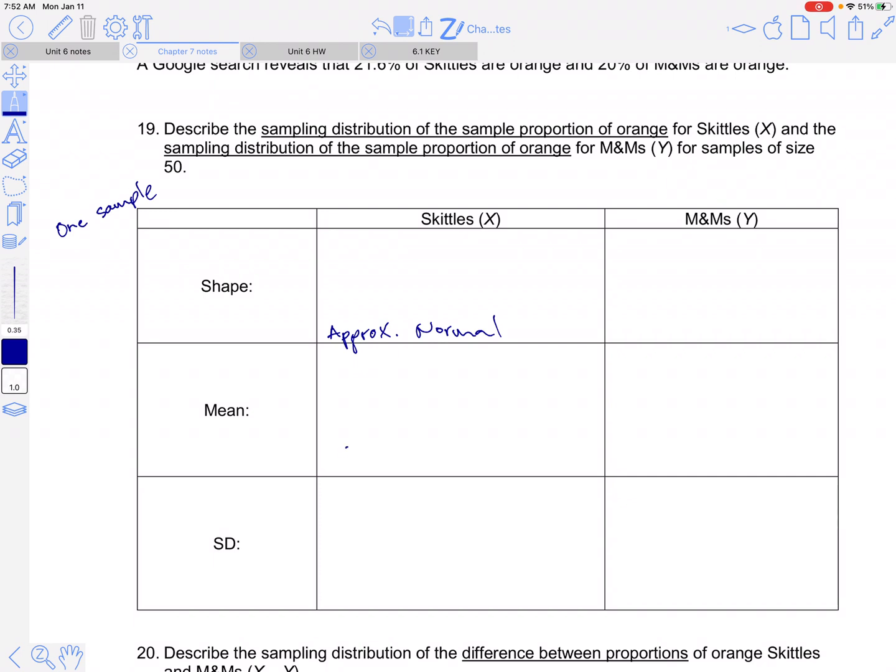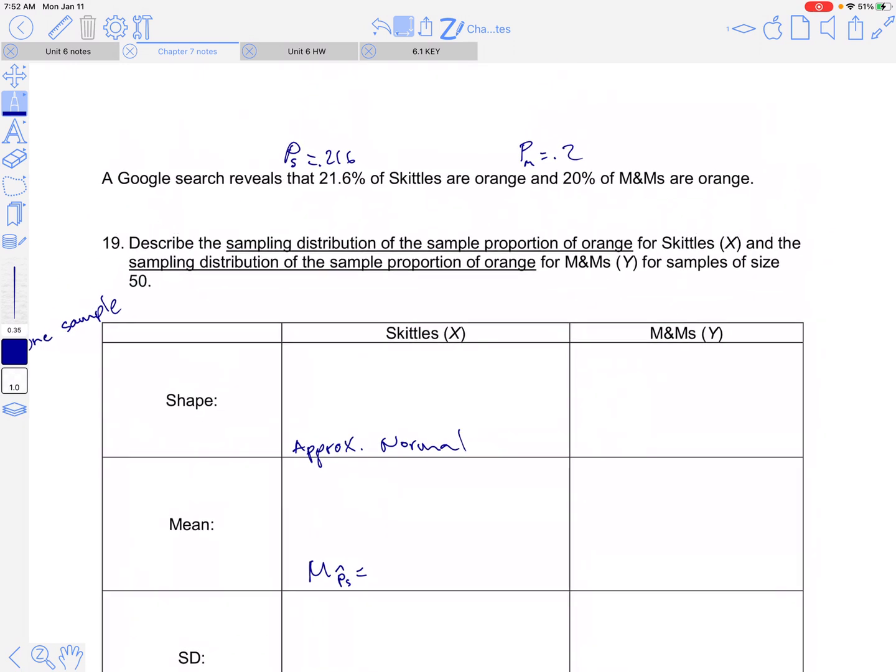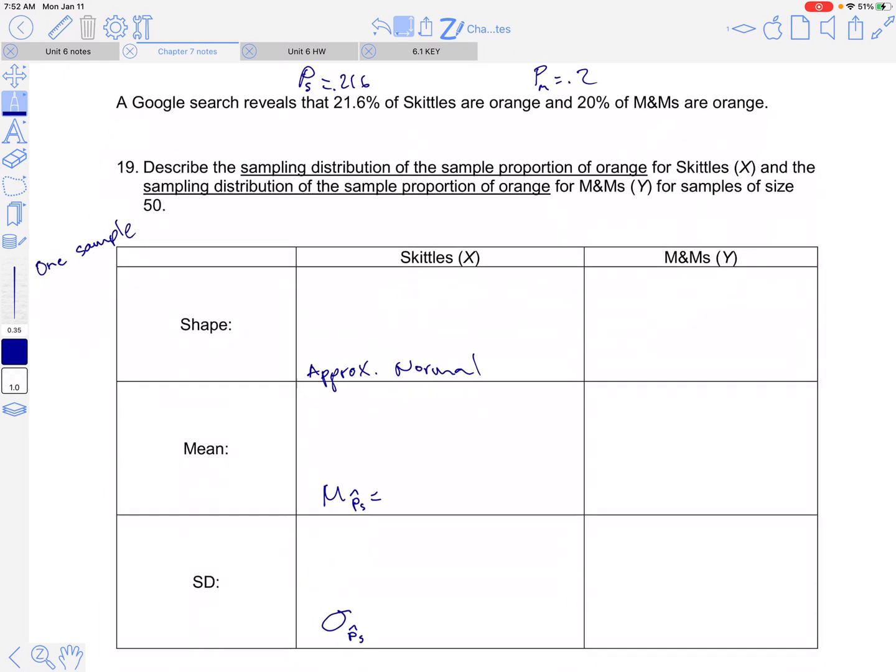I also know the mean of my sampling distribution. So the average sample proportion for Skittles, I can figure that out, if you remember. So take a look at the formula sheet, and then I can find the standard deviation of my sampling distribution because I know the parameter, okay?